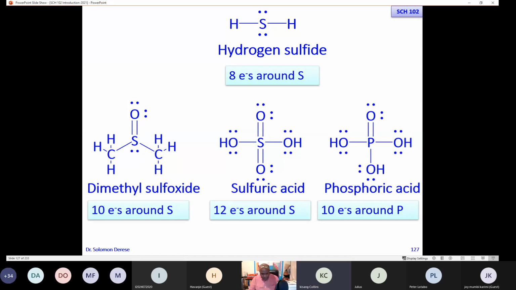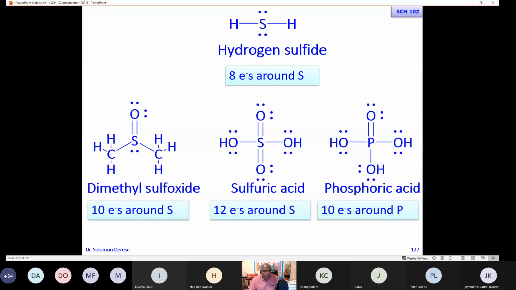So what we have learned, when drawing the Lewis structure, one, we only involve the valence electrons because they are the ones involved in chemical bonding. So we count the valence electrons of the elements that are involved in that particular chemical compound.